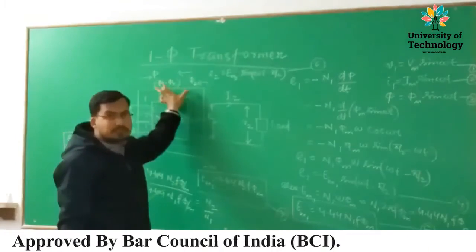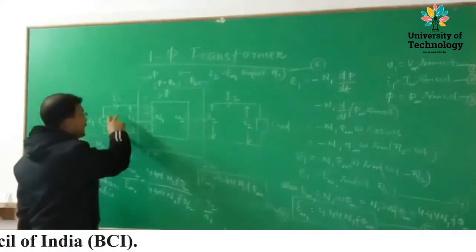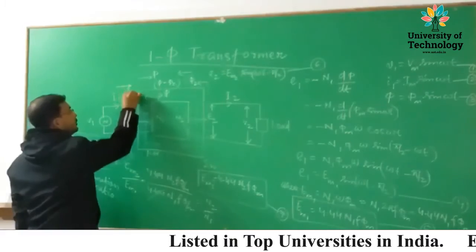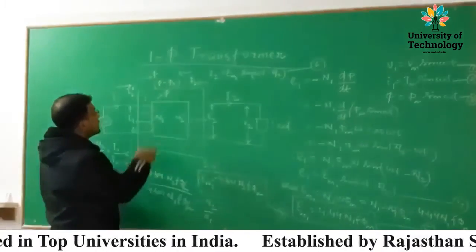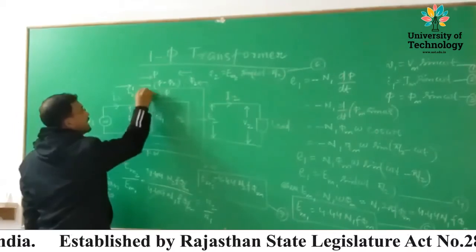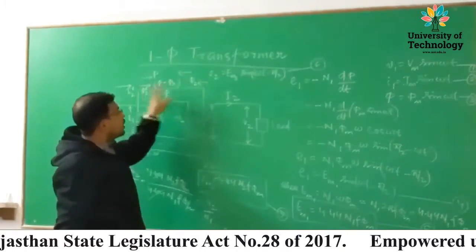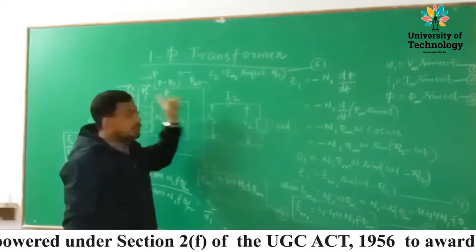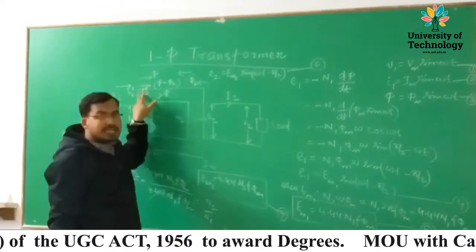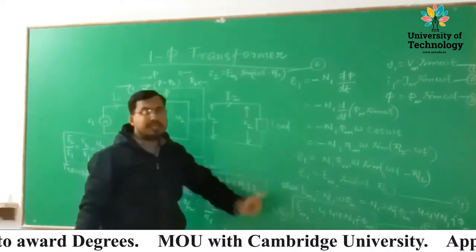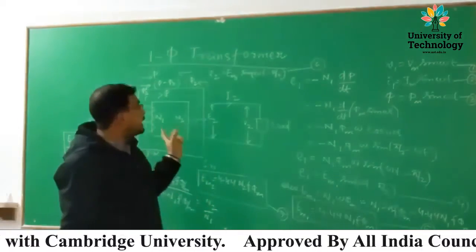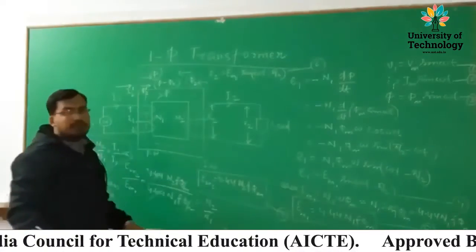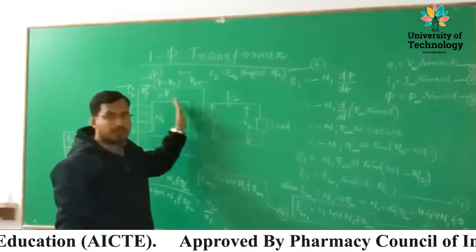So to maintain this flux constant, the primary winding draws another additional current I2 dash, which produces a flux phi2 dash, which is the same in magnitude as phi2 but opposite in direction. So phi2 and phi2 dash, being equal in magnitude and opposite in direction, cancel each other, and the main flux flowing in the core remains constant.